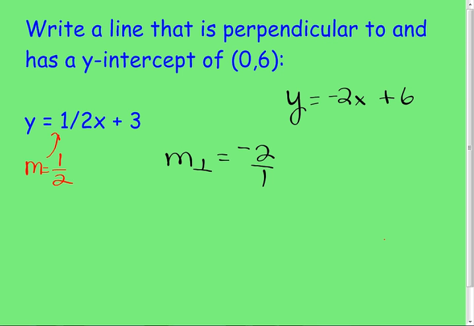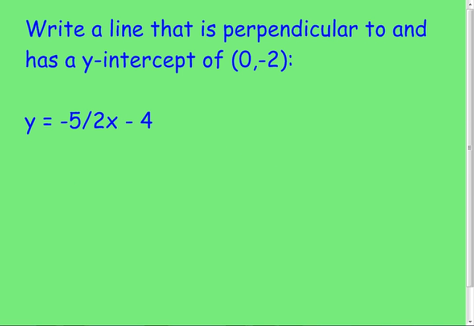Okay, ready? One last one. Write the equation of a line that's perpendicular to this line and has a y-intercept of (0, -2). What's the slope here? Remember, it's just the number. -5/2. You don't have to write that, by the way. I don't care.